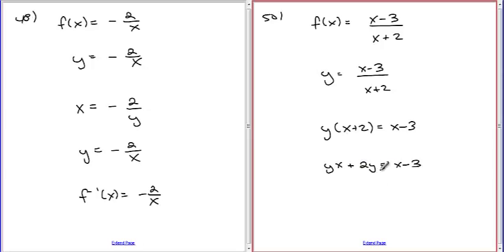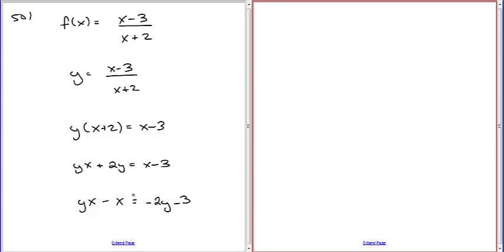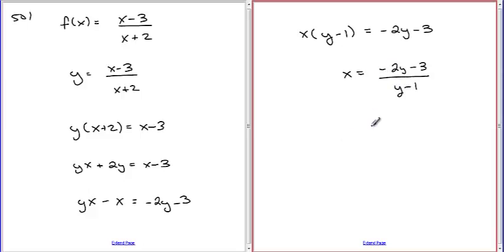We put the two terms that involve x on the same side, so you get yx minus x, and then we move this to the other side, so it becomes negative 2y minus 3. And then we factor out the x, so you get x times y minus 1 is equal to negative 2y minus 3. And then you divide both sides by the term in the parentheses. So that's what I get.